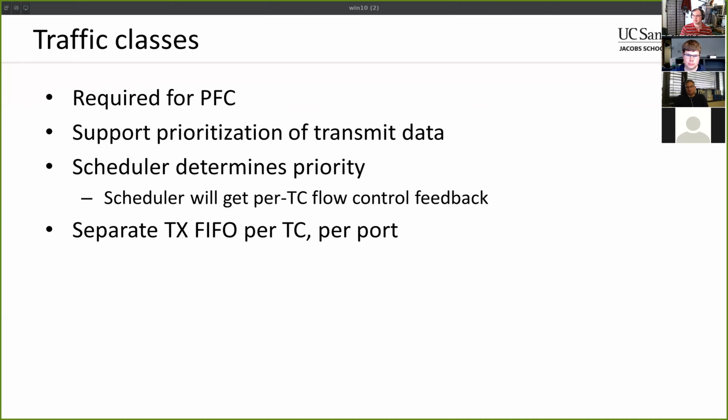Well, at least this is for packets coming through the data path. For packets coming from the application section, you can make that determination however you like, and then make sure you're looking at the correct flow control counters when you send the traffic. And to implement traffic classes, we're going to need separate transmit FIFOs per traffic class per port. But I think if we use shared memory for that, the memory requirements won't be too crazy.